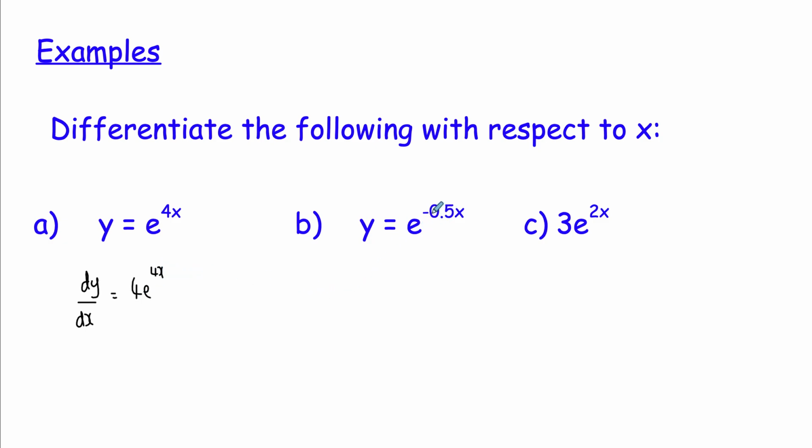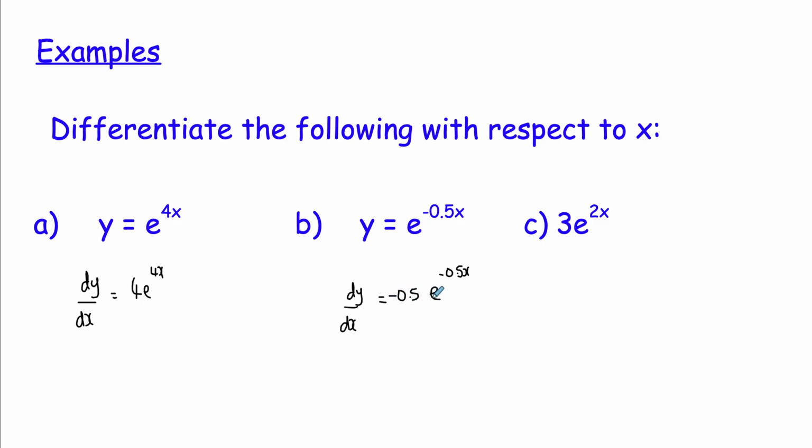What will happen when it's a negative multiplier for x? Absolutely nothing different. We're going to get the same function again. Still going to have e to the power of negative 0.5x, but we are going to times by negative 0.5 as well.